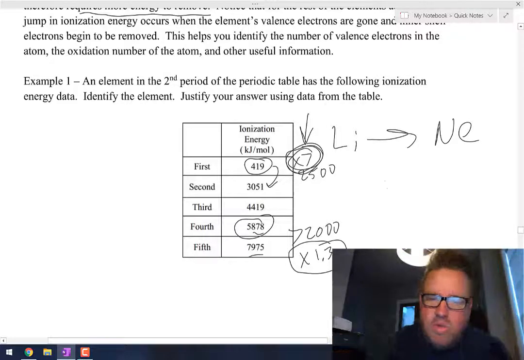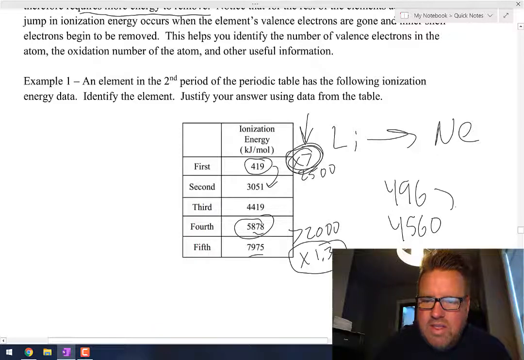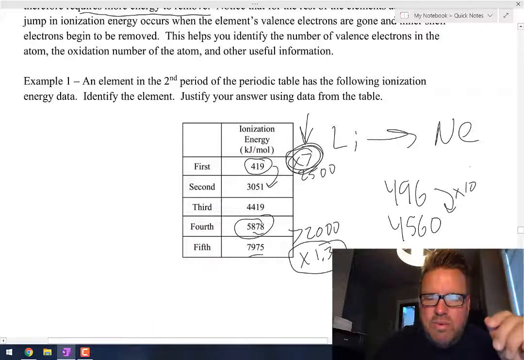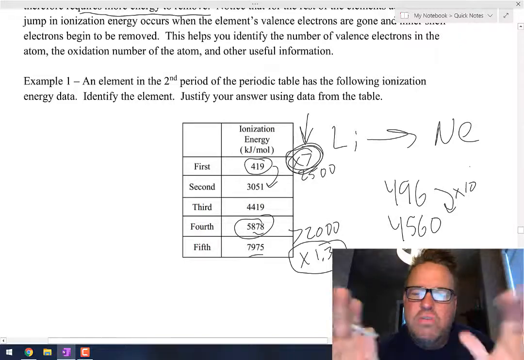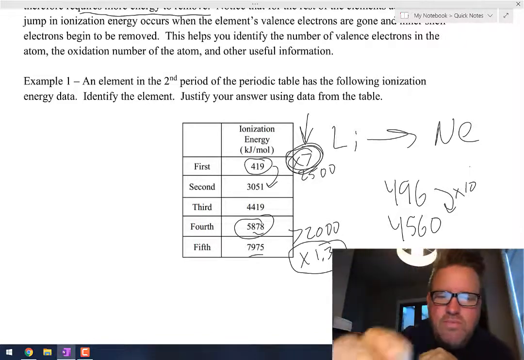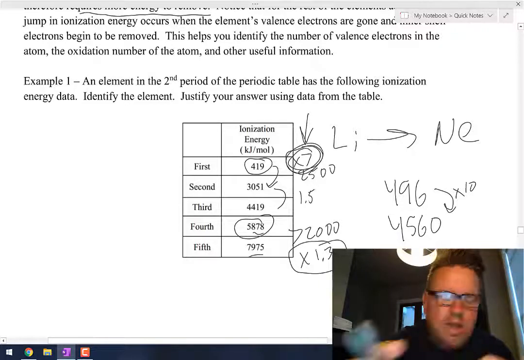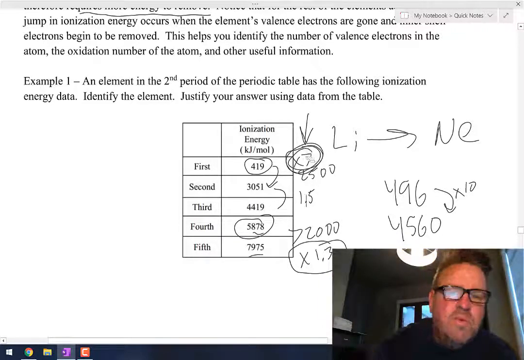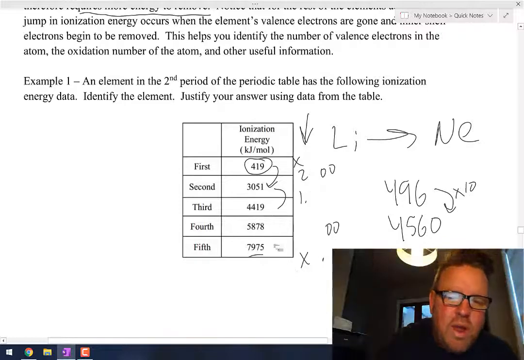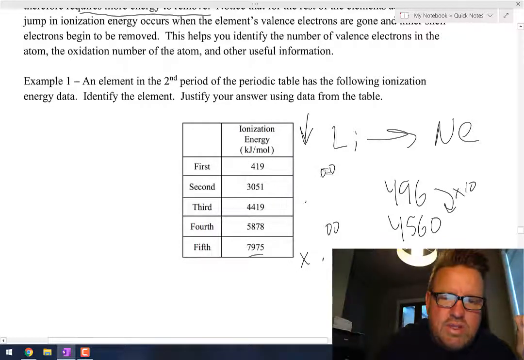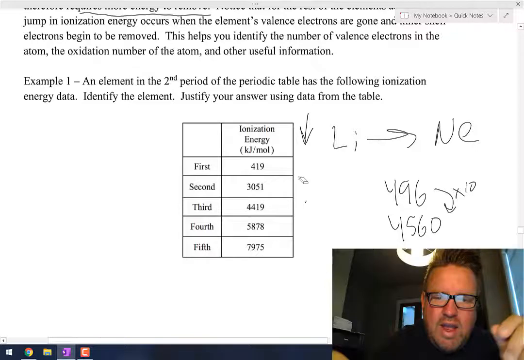Notice on the sodium one, it was 496 to 4560, something like that. That's almost a 10 times jump. And there will be one that is clearly much, much larger than the rest. From 3,000 to 4,400, that's about a 1.5 jump. Again, you don't even need to do the math. It's going to be really obvious here. Where is the biggest jump in terms of ionization energy?